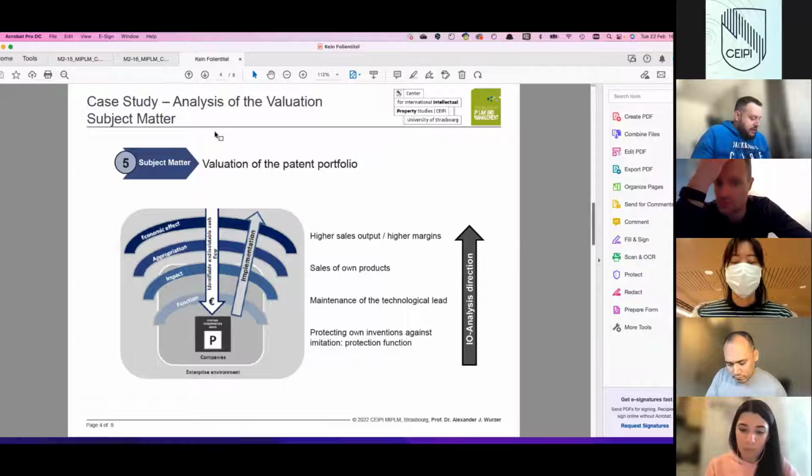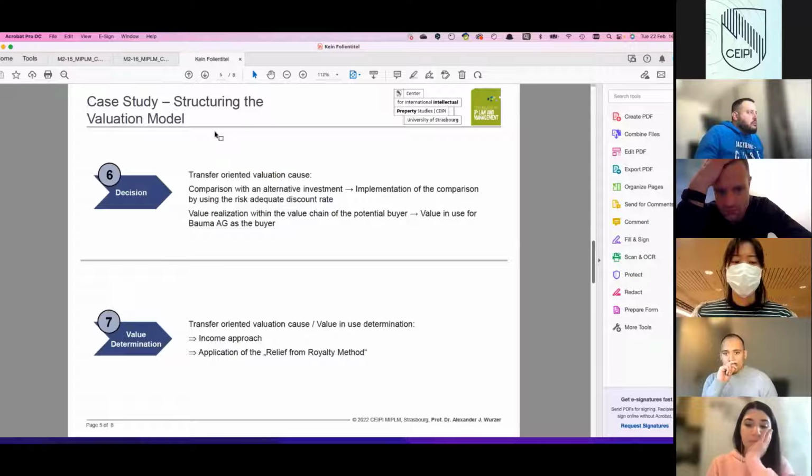The economic effect is a premium price. So the IP is used to guarantee sustainability and a premium price in the long term. And I'll let it to my colleague.